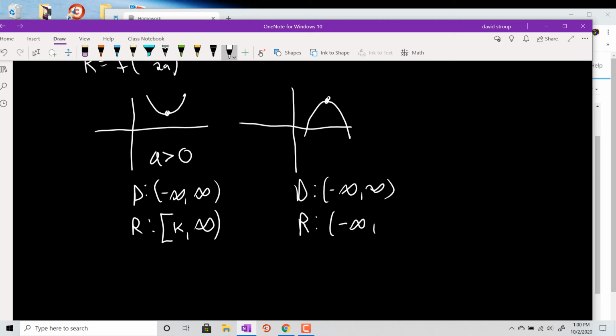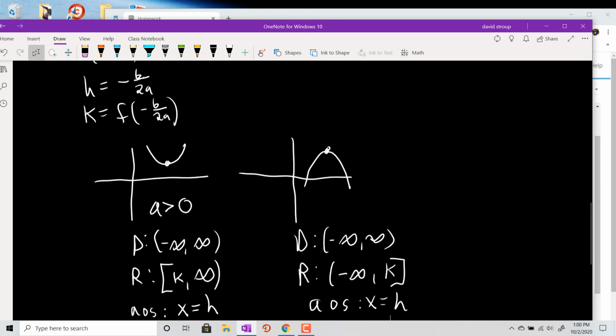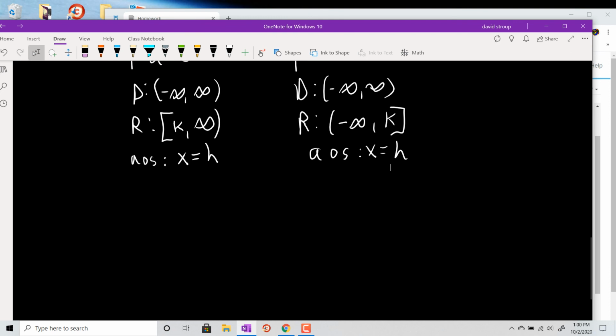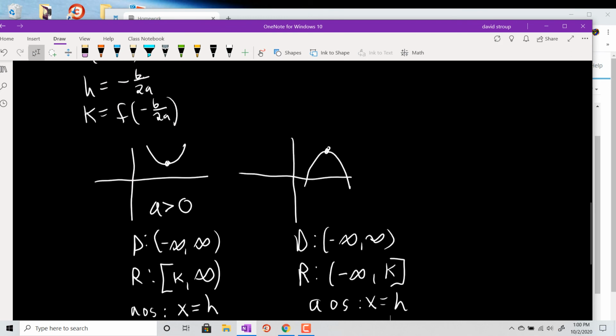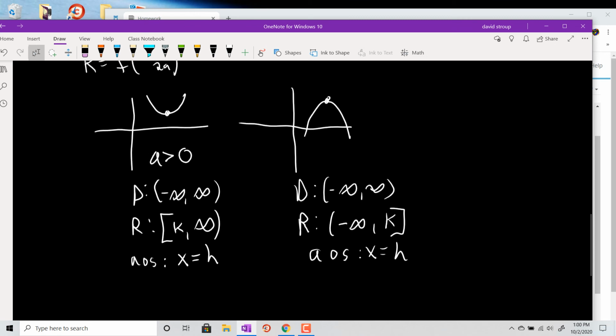The axis of symmetry then is going to be the x coordinate of the vertex, and that's true in both cases. So that stuff you kind of have to have embedded in your brain, in other words, memorized. You could tell though the domain and range by looking at the graphs.